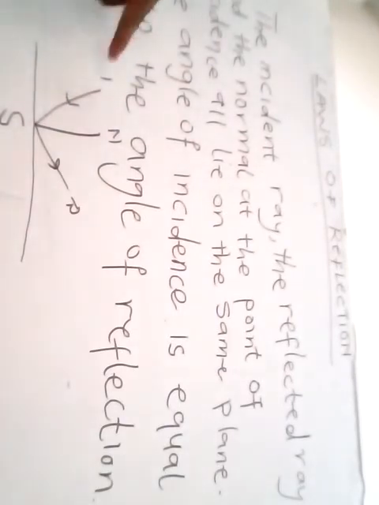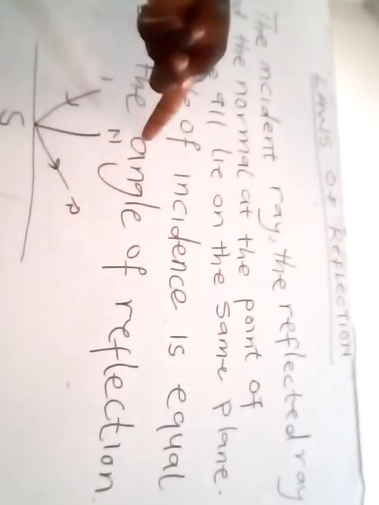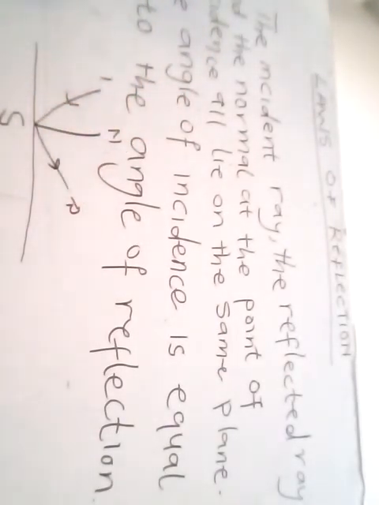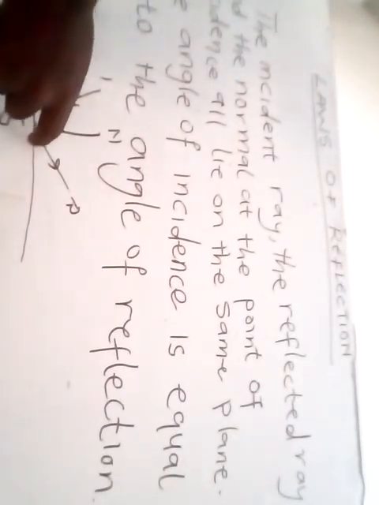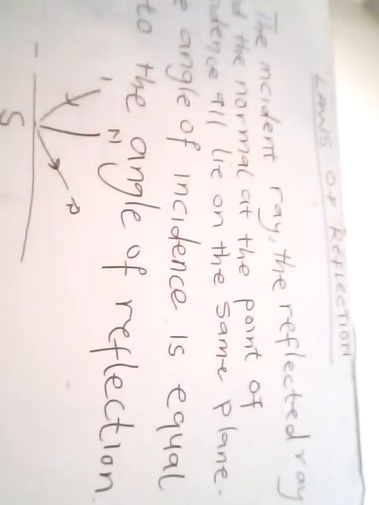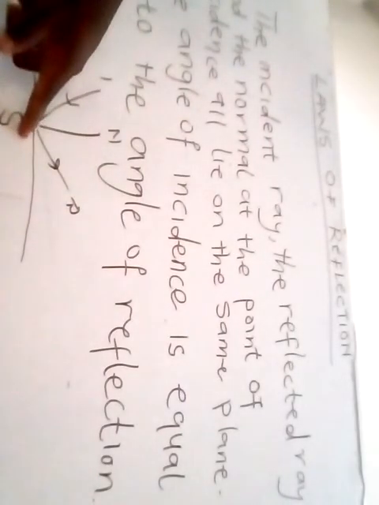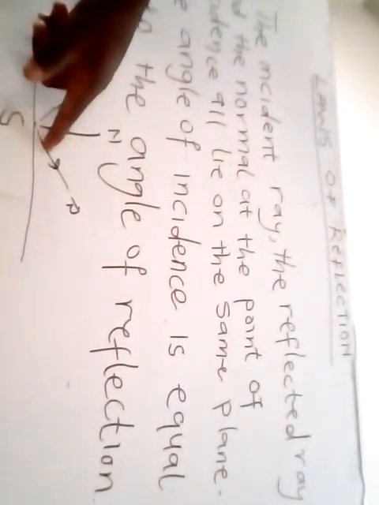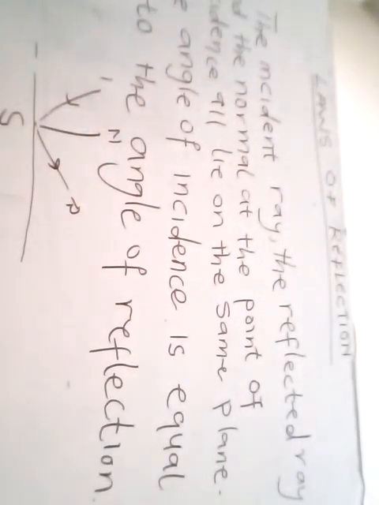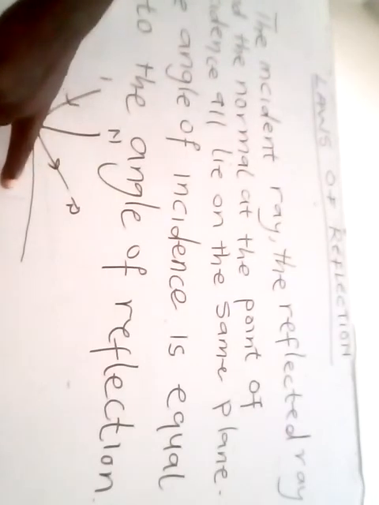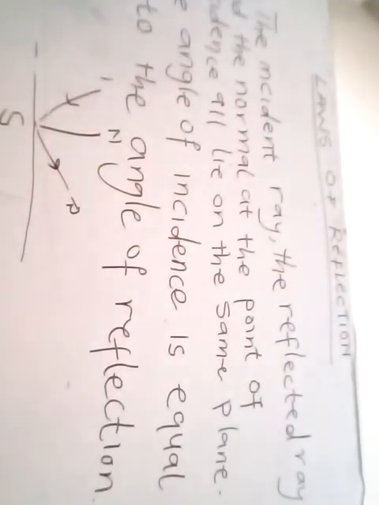So the incident ray, reflected ray, and the normal at the point of incidence all lie on the same what? Surface or the plane. So that's law 1.